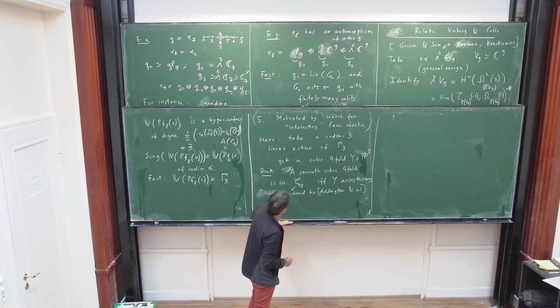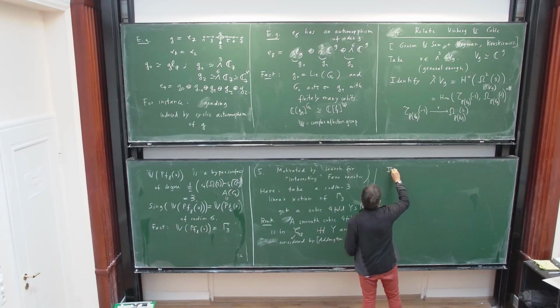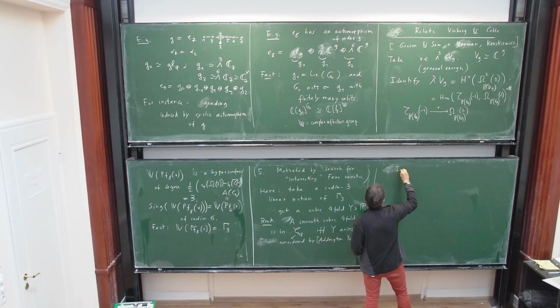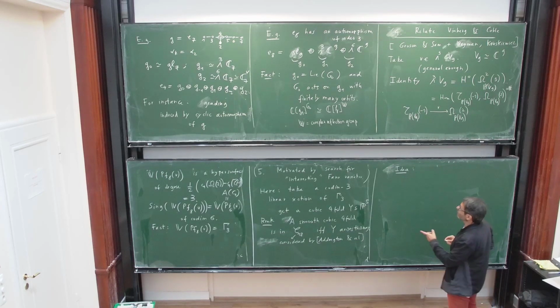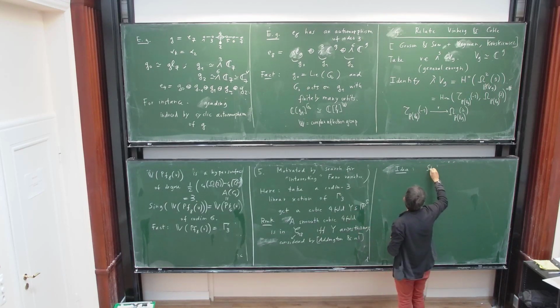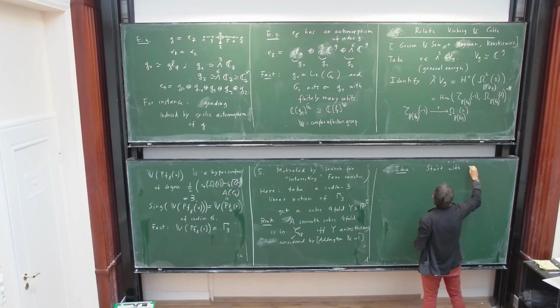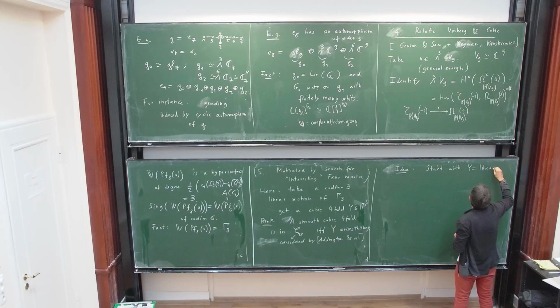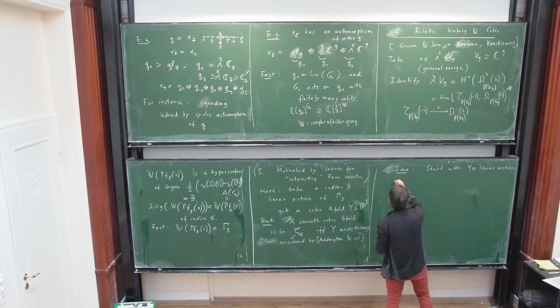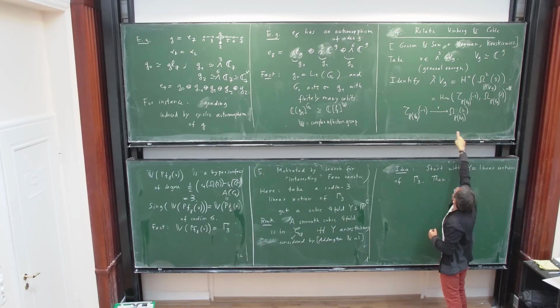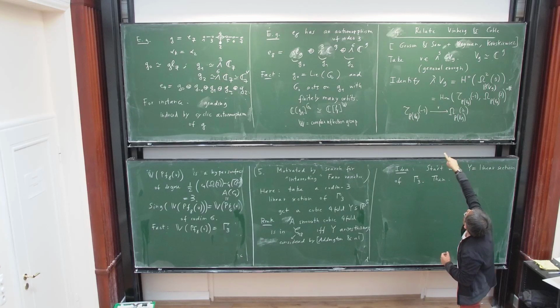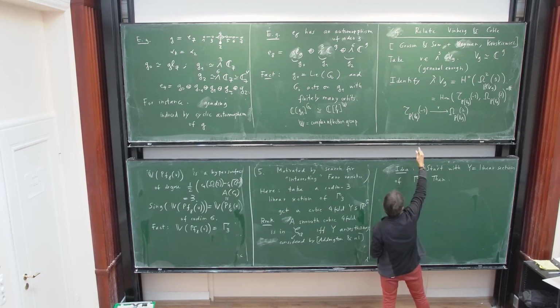And maybe the idea of why this should be true is that if you start with a linear section of gamma 3, and I take this map, this resolution, this V, and I restrict it to P5, then I get something like this.